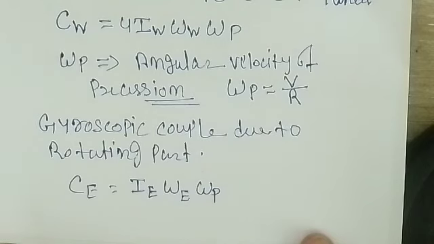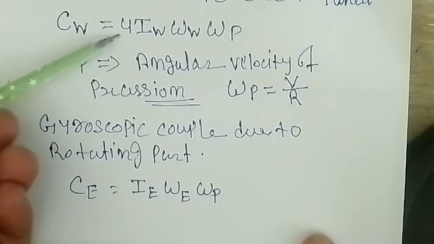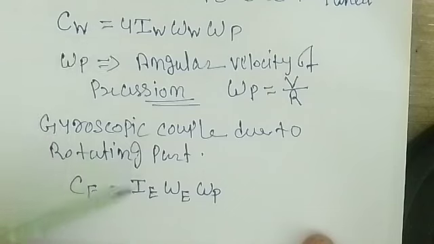Now we need to find the total or net gyroscopic couple. The net gyroscopic couple is simply the summation of the gyroscopic couple due to the four wheels plus the gyroscopic couple due to the rotating part.